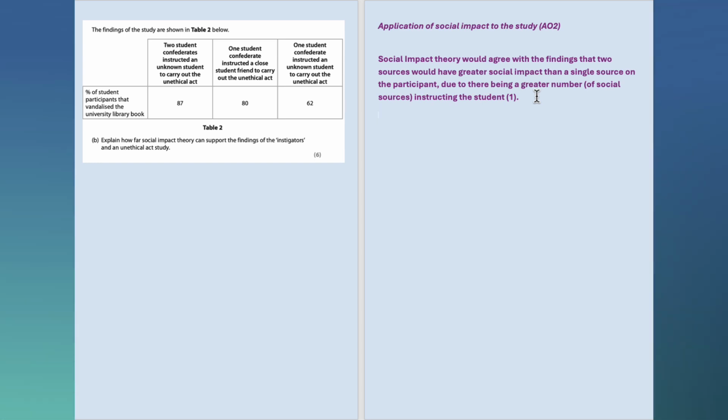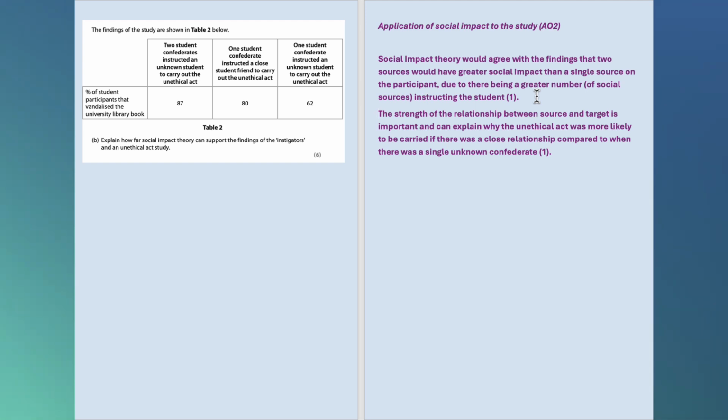Let's have a look at the second one. The strength of the relationship between source and target is important and can explain why the unethical act was more likely to be carried out if there was a close relationship compared to when there was a single unknown confederate. What that's saying is that when the relationship is strong, a student confederate and a close friend, that ends up with much more obedience, 80%, than when it's weaker, a student confederate instructing an unknown student.